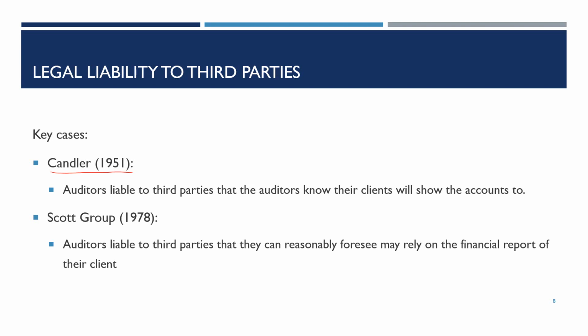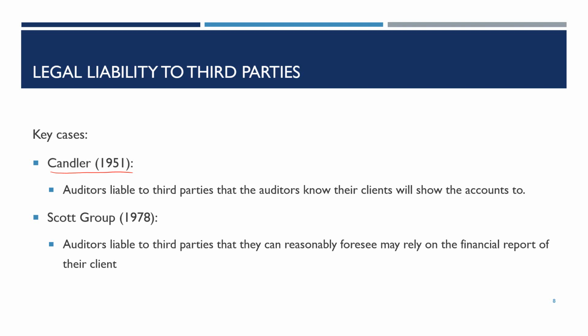And this indicated that it can be more difficult for third parties to establish that an auditor owes them a duty of care. A duty is owed to a specific third party of whom the auditor was not aware, but who was part of a class of persons of whom they should have been aware.